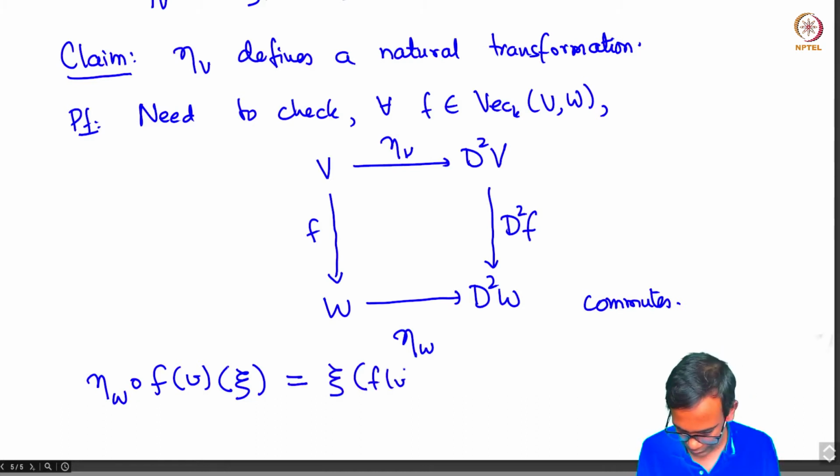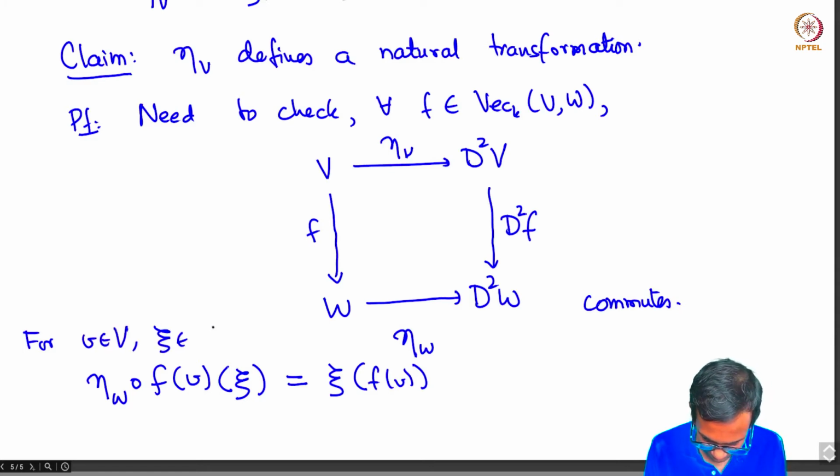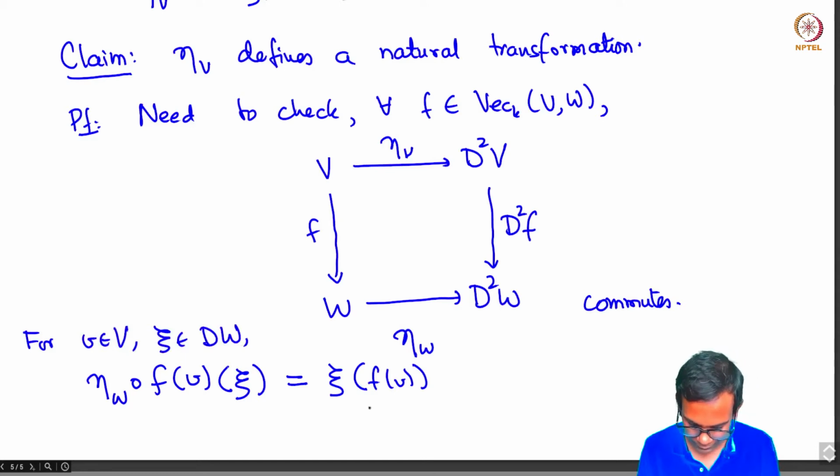After all, Fv is an element of W. So here we have, for every V in V and xi in dW, xi of Fv. That's the definition of eta W.